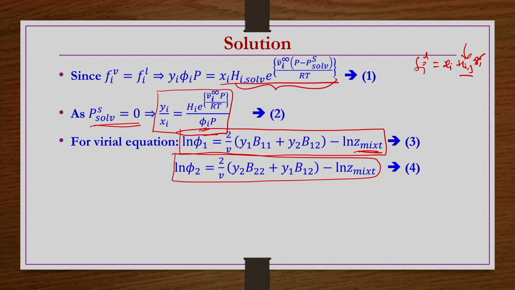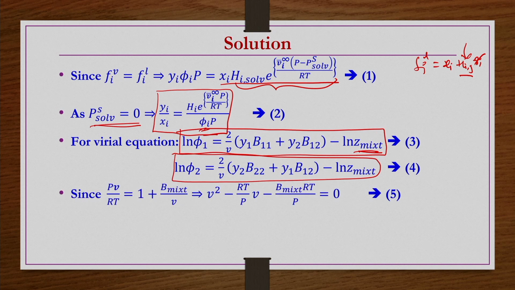We know PV by RT is equal to 1 plus B mixture by V, that is the virial equation of state. If you expand this equation, you get V squared minus (RT by P) V minus B mixture RT by P. To calculate phi 1 and phi 2, you also need to know V and then Z mixture.